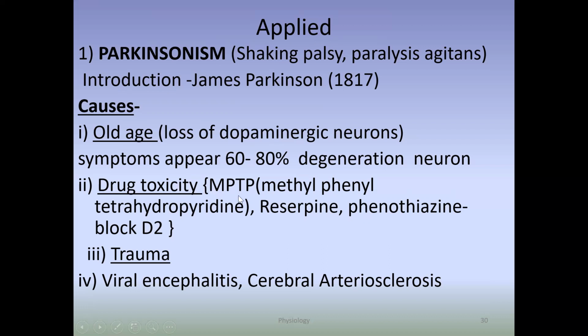MPTP, methyl phenyl tetrahydropyridine, is one of the components found accidentally during the formation of opioid-like drugs, and it caused Parkinsonism. Reserpine, an antihypertensive drug, and phenothiazine, which blocks the D2 receptor.